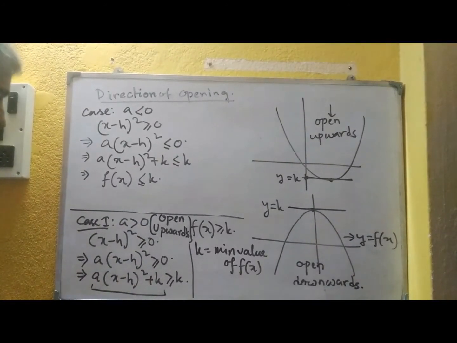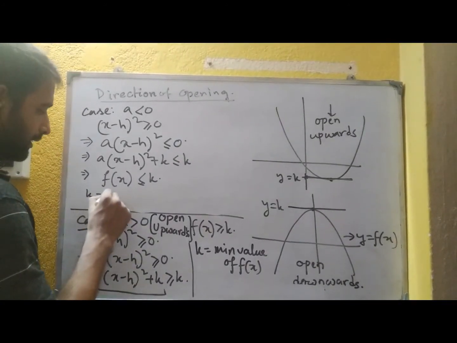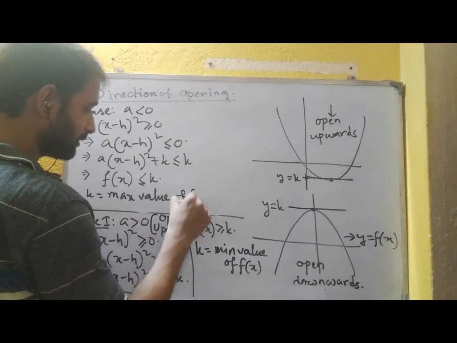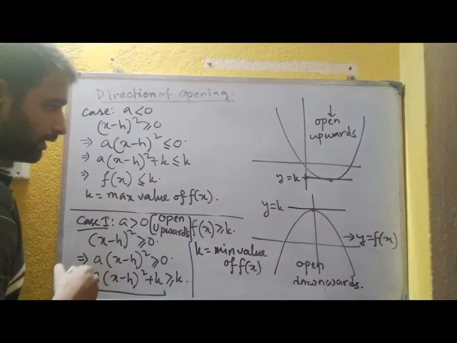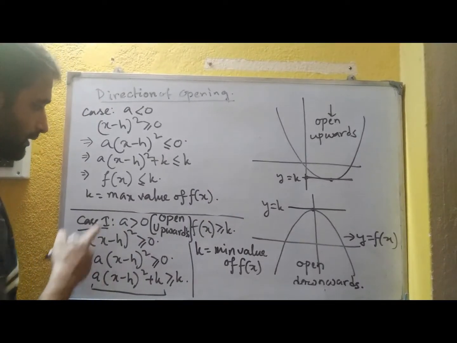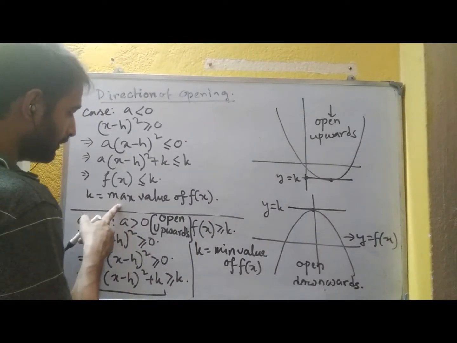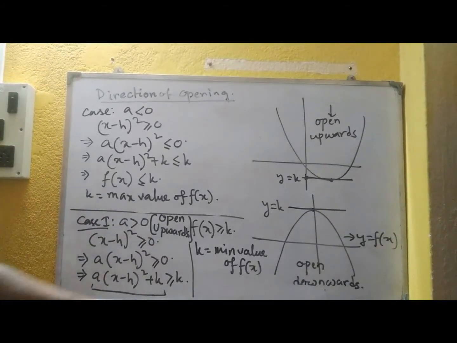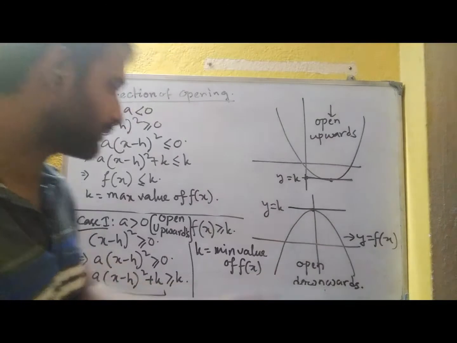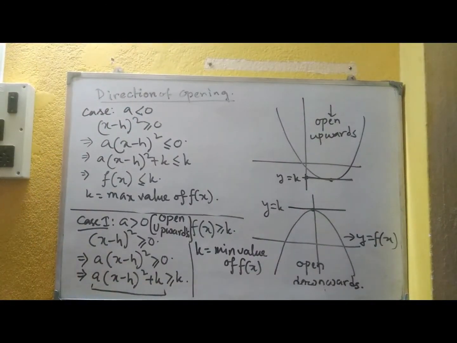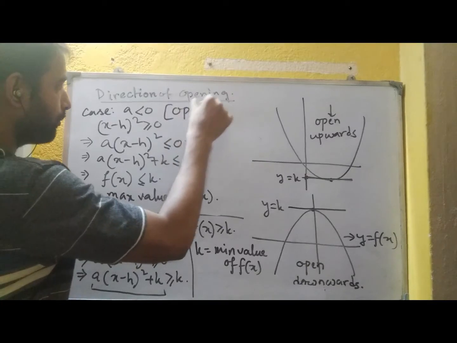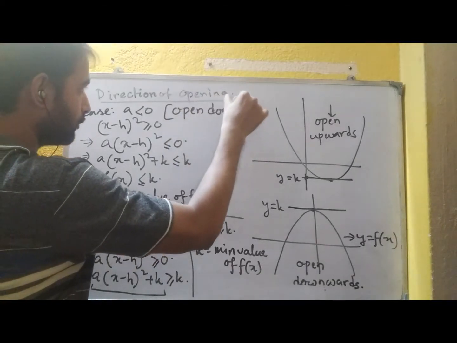So it is saying that k is the maximum value of f(x). And from this we can realize, since k is the maximum value of the expression f(x), the graph will be open downwards. So in case of a less than 0, we can say the graph is open downwards.